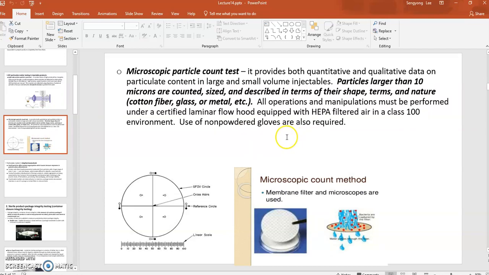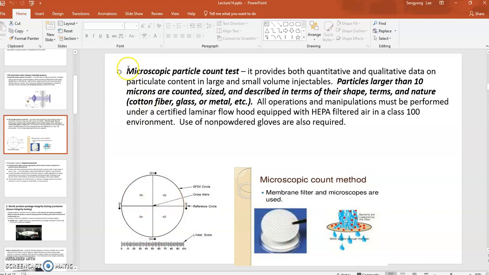Another method is a little more manual, because you have to use a microscope. In the field of view, you manually view the area and count those. Maybe the sample can be added onto a filter paper like this, and then you look at the field of view of the filter paper and see how many particles you can count.